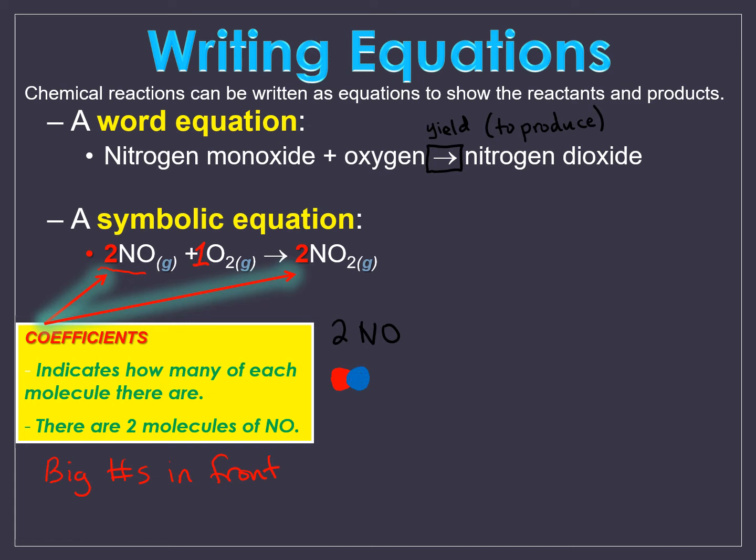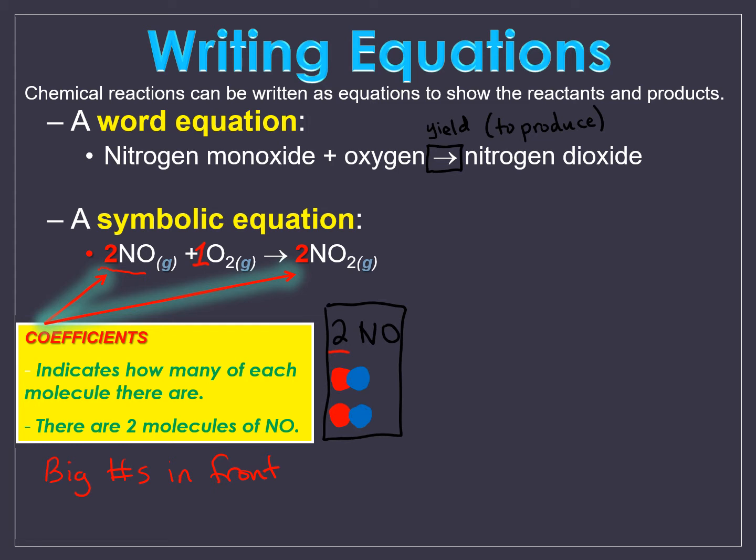So right now I have 1 nitrogen monoxide molecule, but that coefficient says I need 2. So I'm simply going to draw another one. Nitrogen, red, oxygen, blue. So here we have it. The 2 is now illustrated. I have 2 molecules of NO.